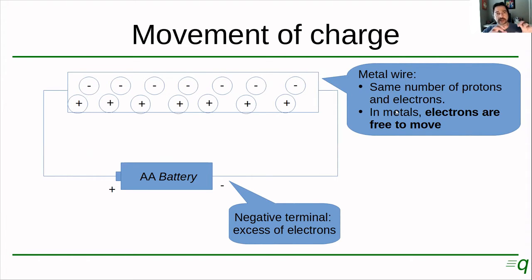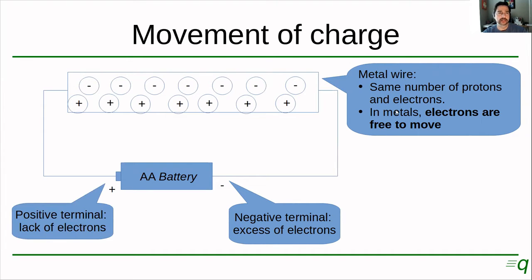Imagine the nucleus of the atoms of copper fixed in the structure of the copper, and the electrons free to move around, okay? And then we have the other terminal of the battery, which is called the positive terminal, which has a lack of electrons. So it has fewer electrons than protons, so that has a positive charge.